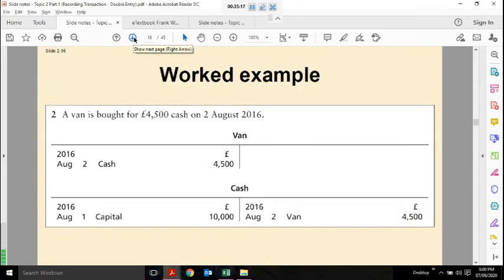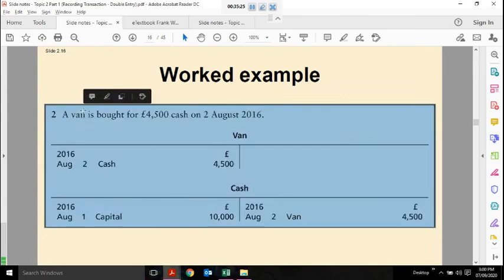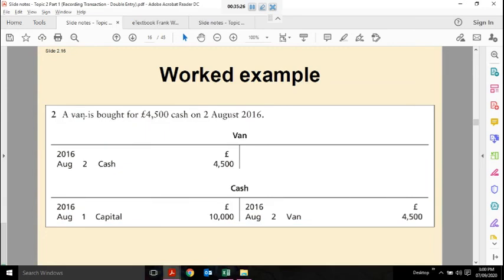So a worked example: a van is bought for 4,500 cash on 2nd October 2016. So now the item exchanged is van, and the mode of payment, the form of settlement, is cash.